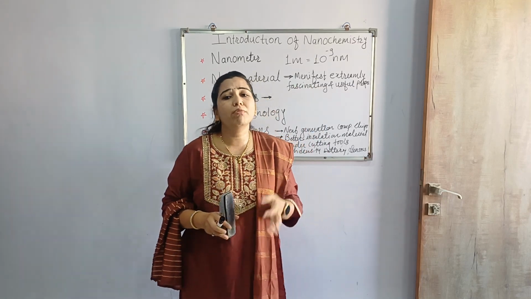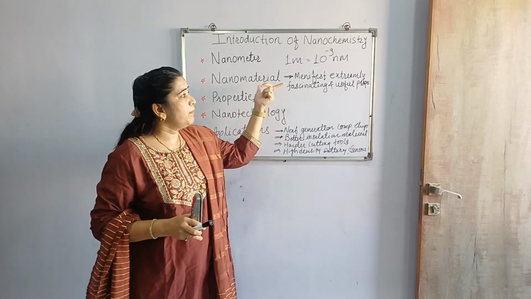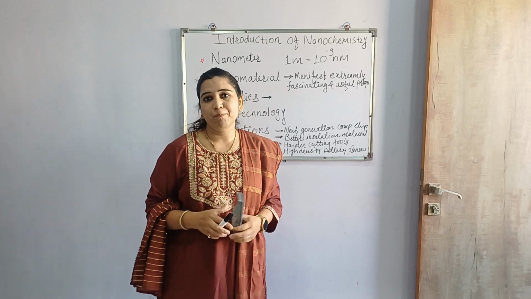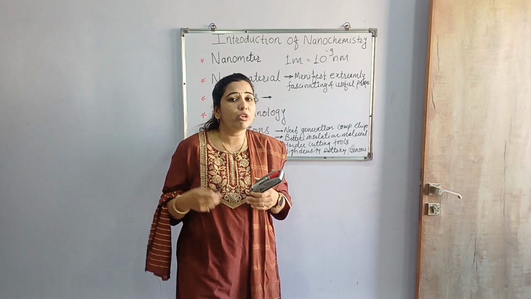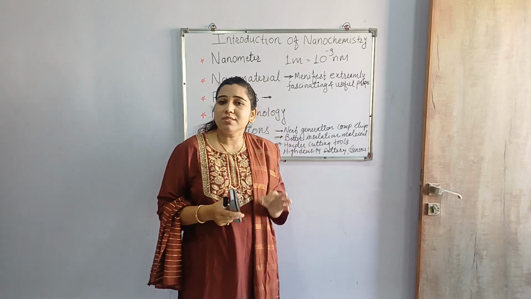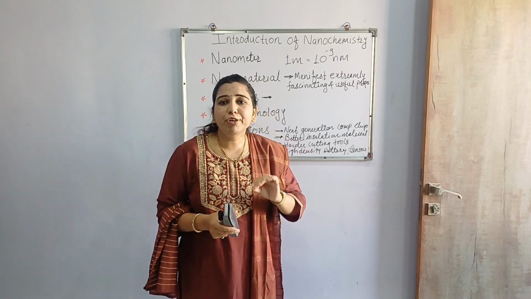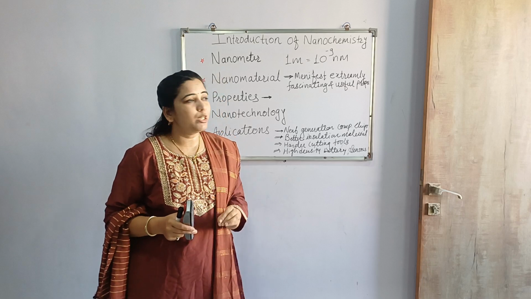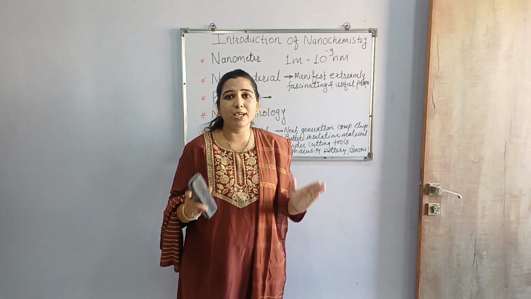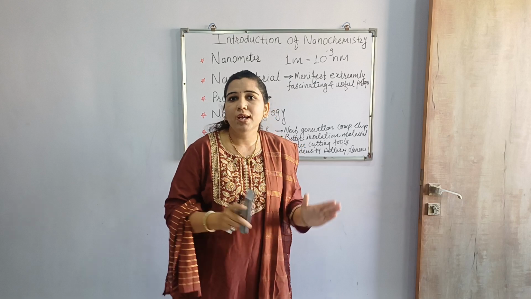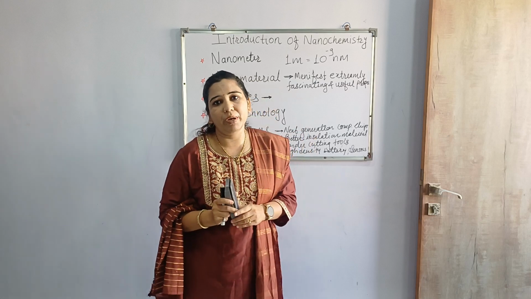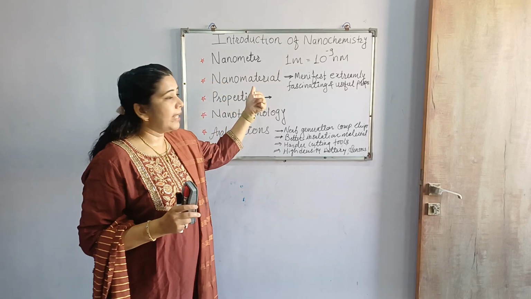Because it manifests extremely fascinating and useful properties. Guys, we will see ahead what the different properties are and why we are using it. But just keep in mind that there are different properties due to which we are using this nanomaterial. So it is a material in the scale of 1 to 100 nanometers, and it has differently fascinating and useful properties. So that is nanomaterial.